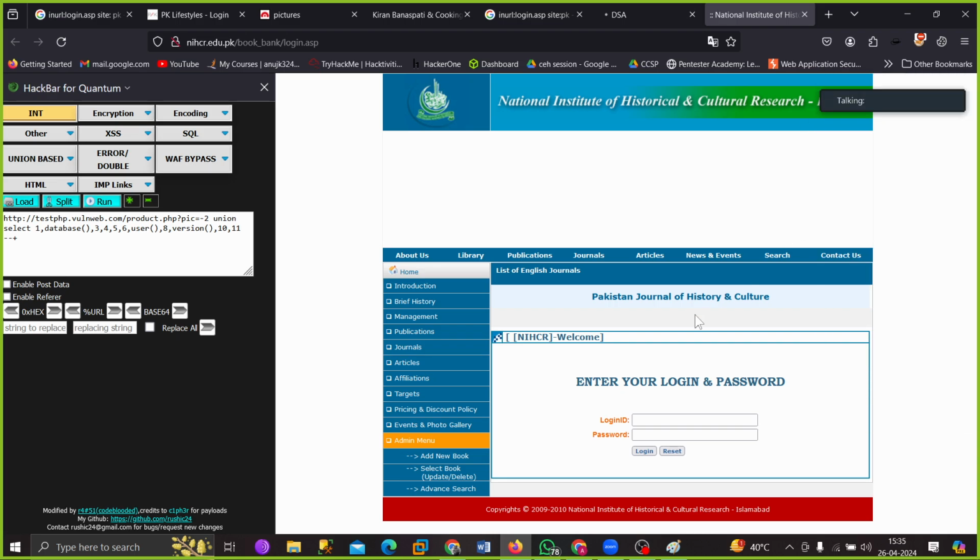I mean, build the payload. There could be several payloads actually, right? We can try, right? So at this point of time, let me just try the normal day-to-day payload that I use.